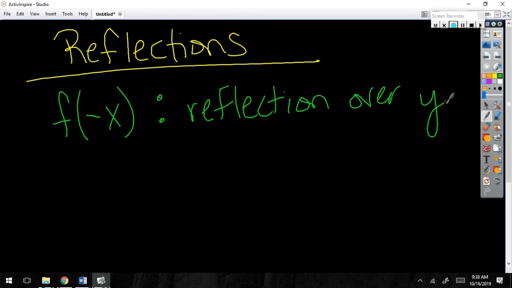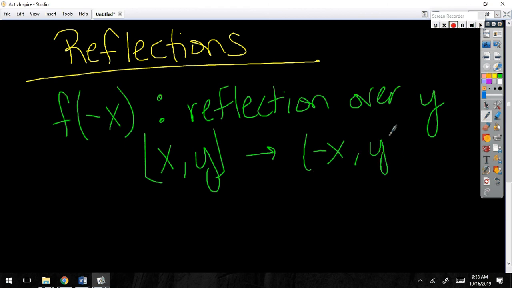And if you don't remember how to reflect, I've got a note on here that says (x, y) becomes (opposite x, y). So every x changes sign, every y stays the same. That will reflect it over y. Okay?